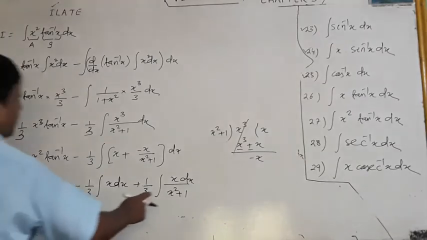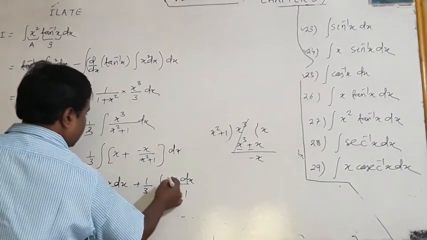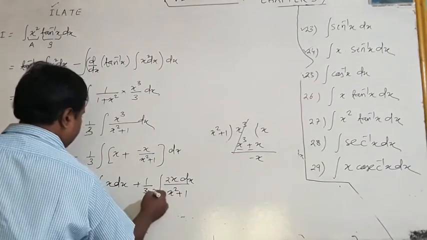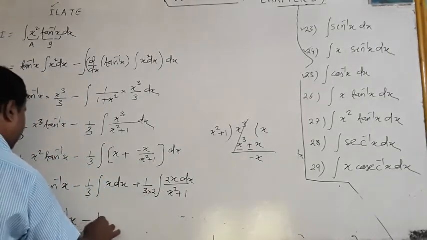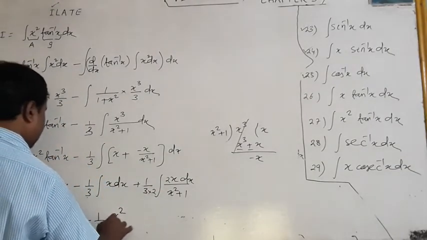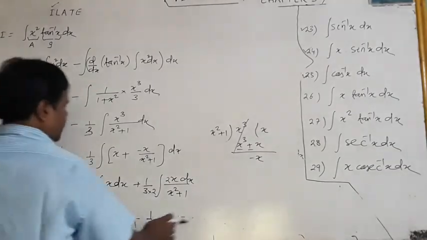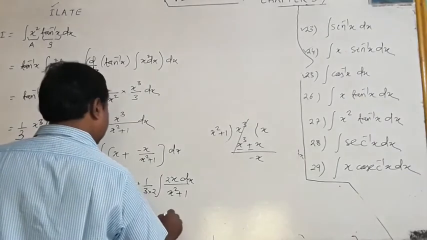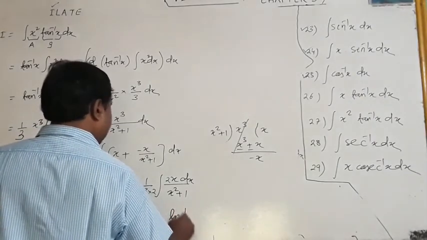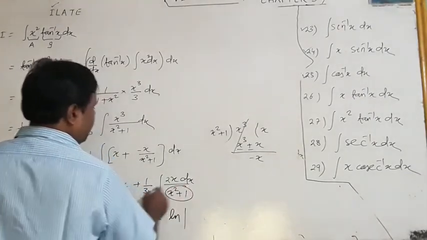So derivative of denominator is 2x. So multiply by 2 here and multiply by 2. It is 1 by 3, x square by 2, plus 1 by 6, this 2x by 1 plus x square. It is ln, because of the derivative of denominator.